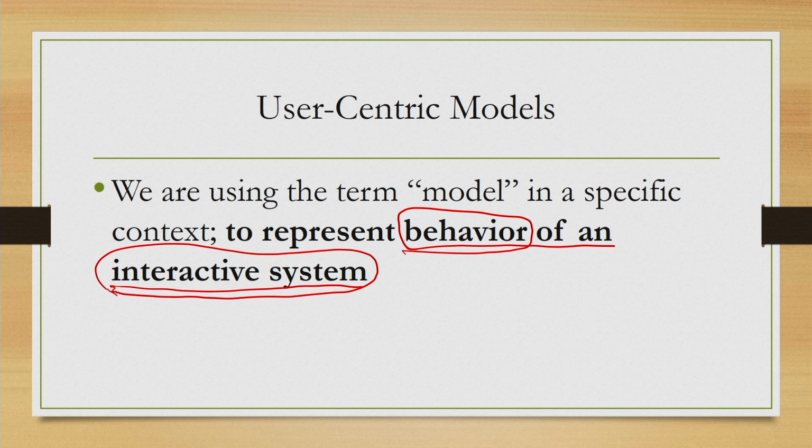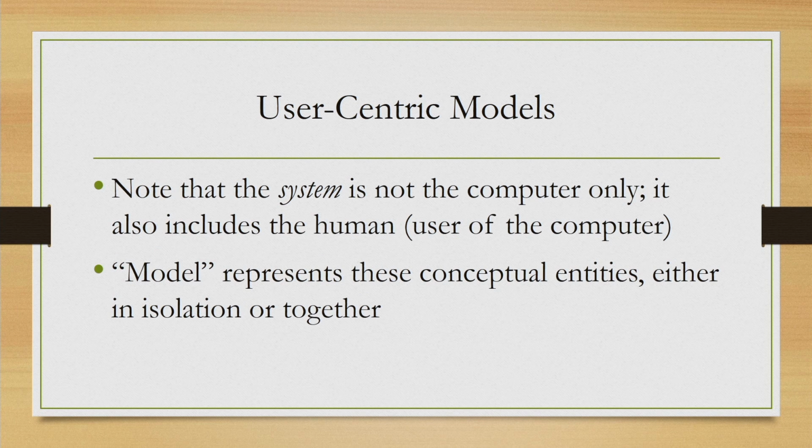So, when we are talking of an interactive system, we do not talk of only the computer. Instead, when we talk of the system, here our system is a combination of human and the computer both, and the model represents these conceptual entities.